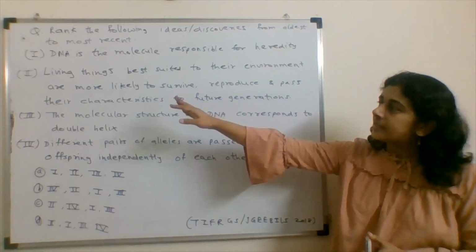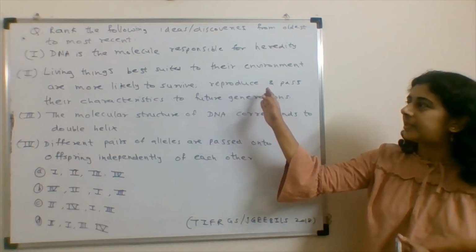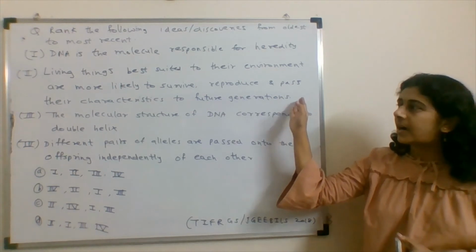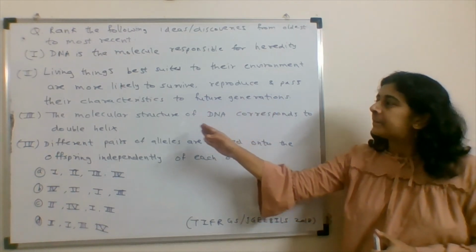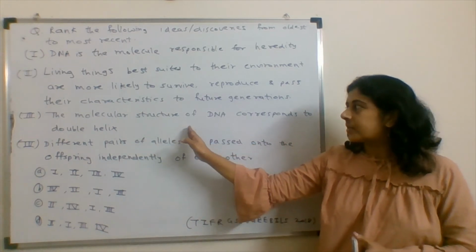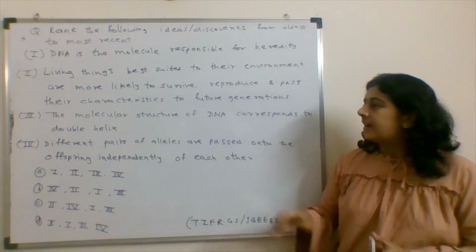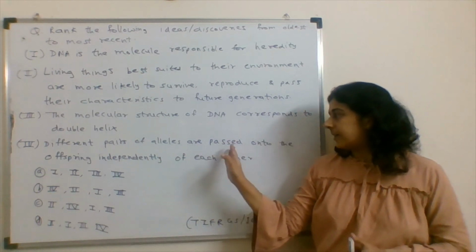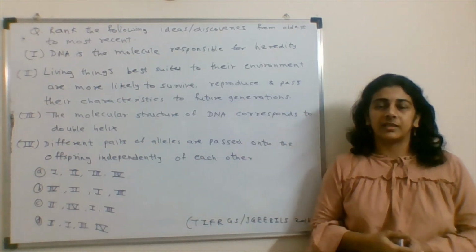The second one is living things best suited to their environment are more likely to survive, reproduce and pass their characteristics to future generations. Third is the molecular structure of DNA corresponds to double helix. And the fourth one is different pairs of alleles are passed on to the offspring independently of each other.